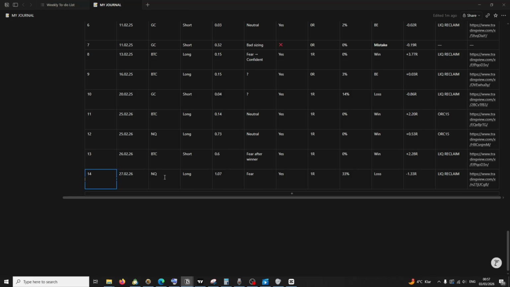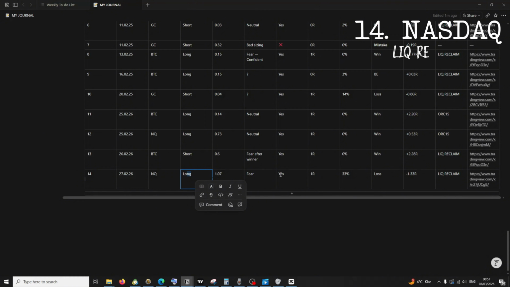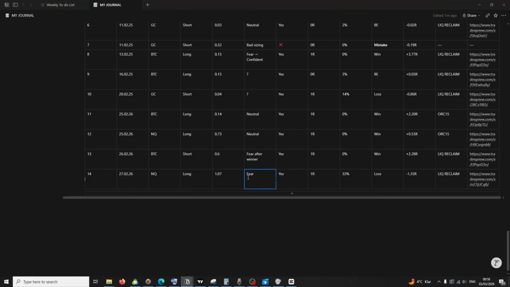Trade number 14 and the last trade of the month. NQ long position, and I have here in the sentiment fear. The system was followed. Expected loss was 1 hour, and here we have a 33% deviation and it resulted in a loss.